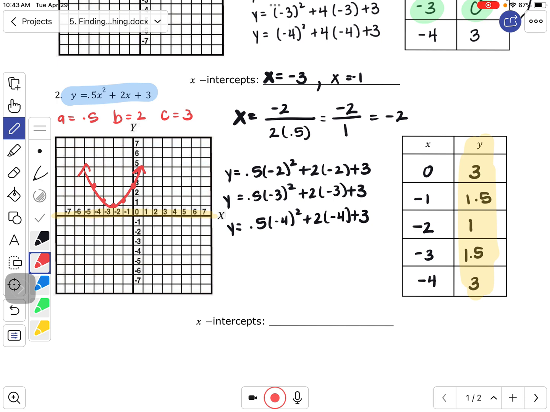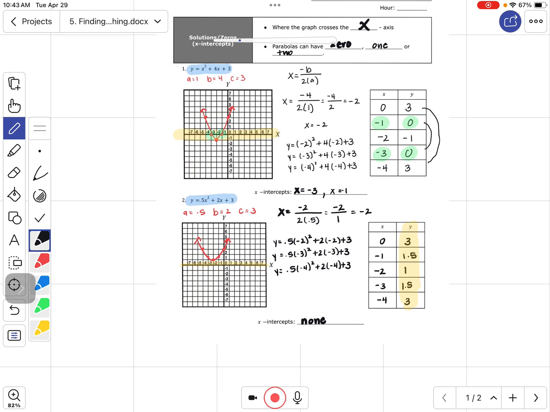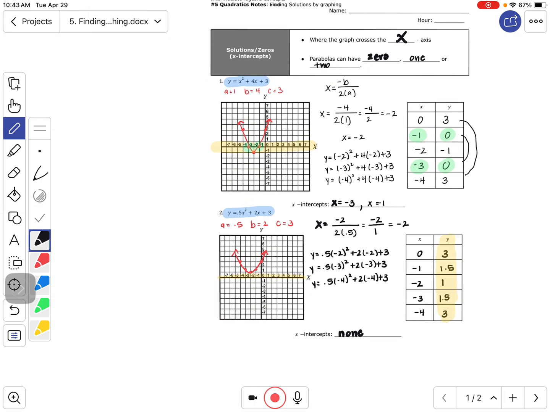So our x-intercepts are going to be none. It doesn't cross that line, and none of our y values are 0, so that one's going to be none. And really, if you don't have any y values that are a 0, your picture shouldn't show that, and vice versa. If your picture doesn't cross that line, then your table shouldn't show anything with a 0 in the y value.